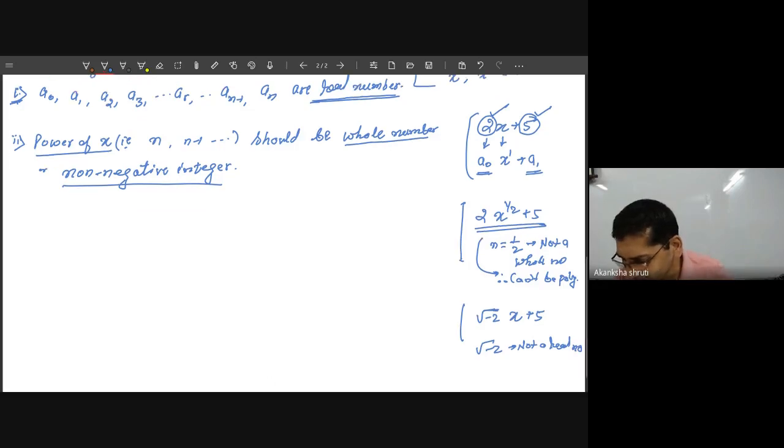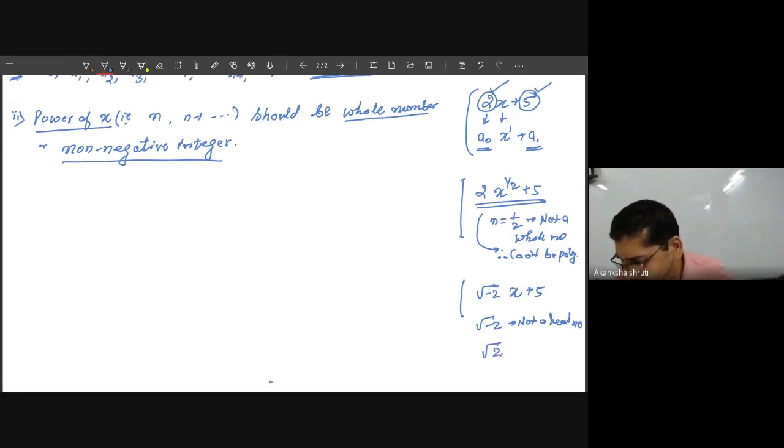Keep in mind, we have already learned root 2 is a real number. It is an irrational number. Real numbers consist of both rational and irrational. Whether it is in root or fraction or decimal, positive or negative, all are real numbers.